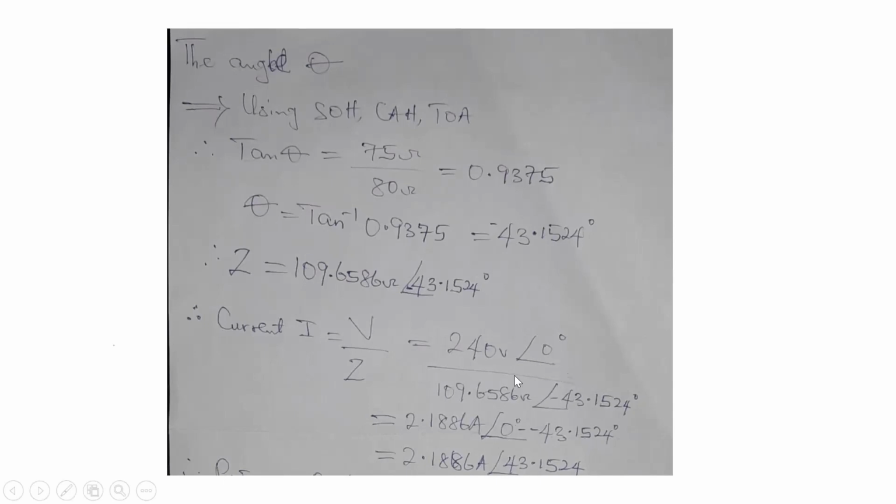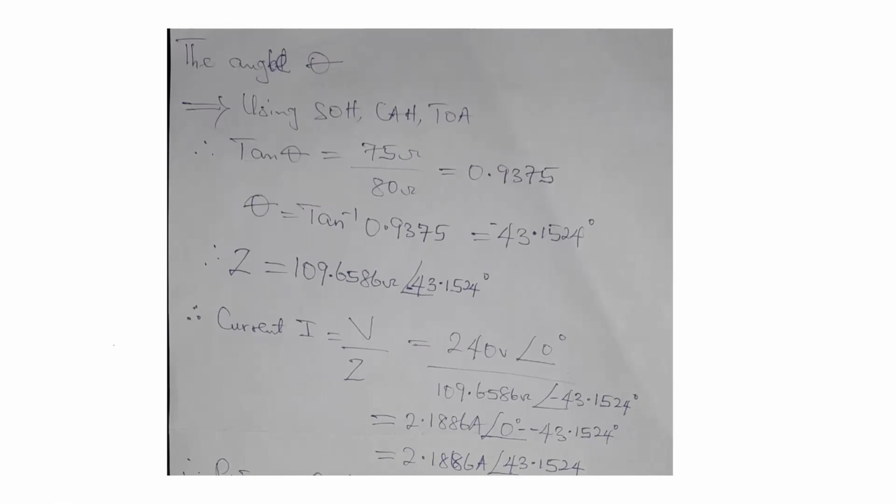So in this case, this division will change to subtraction. And already the denominator has a negative sign. So minus 0 degree minus 43.1524 will turn to positive. So in this case, current is leading the voltage by 43 degrees.